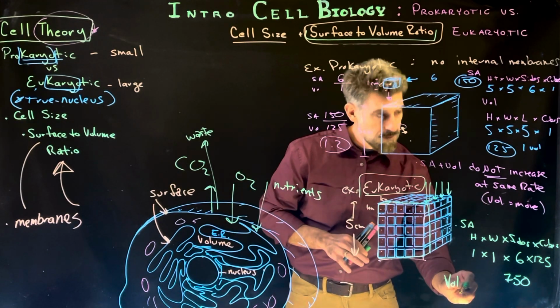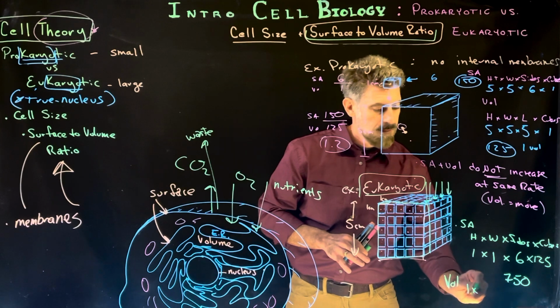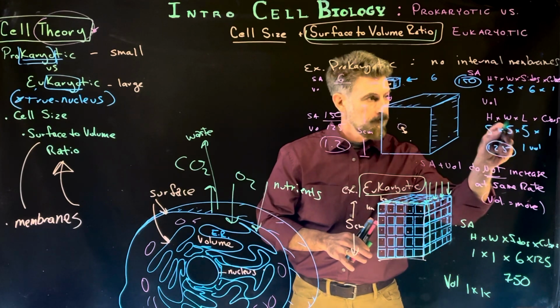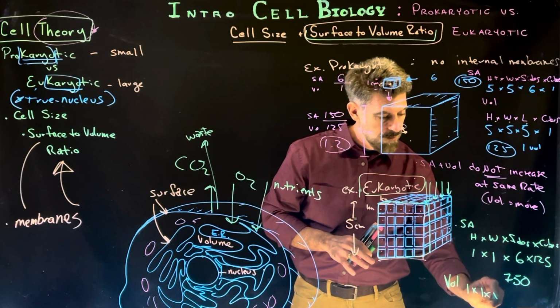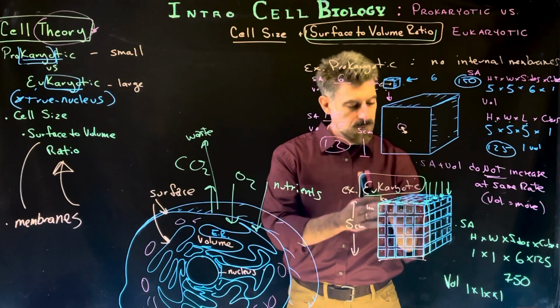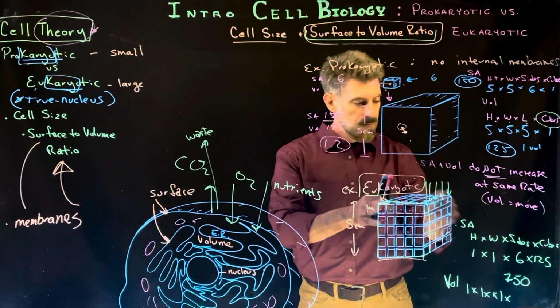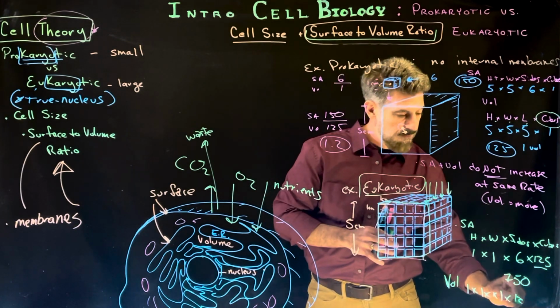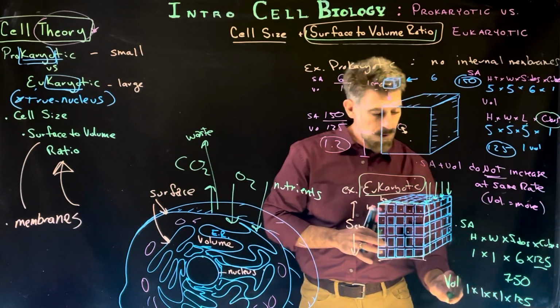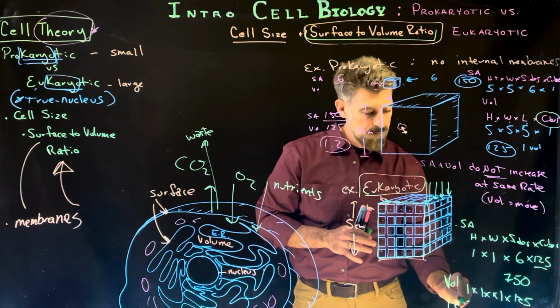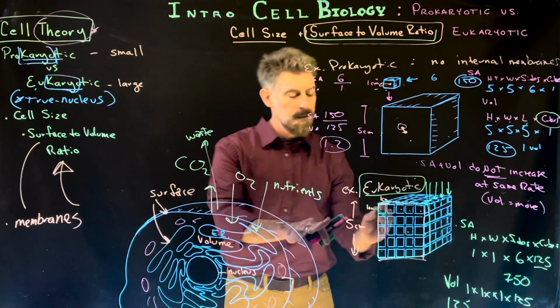Volume, if you remember, is just height times width times length. So each individual cube is still just 1, 1, 1. But then it's the number of cubes, and the same as here, we have 125 cubes. So now volume is going to be 125. So what do we have here for the eukaryotic one?